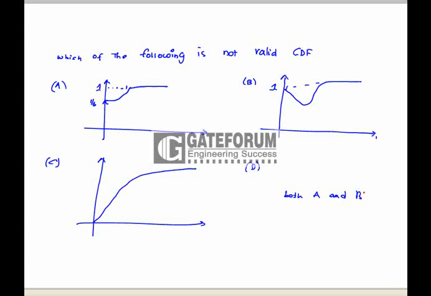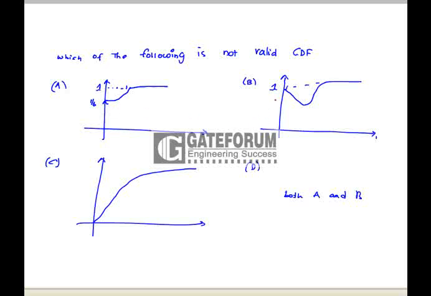Which of the following is not a valid CDF. CDF is nothing but a cumulative distribution function. The probability distribution function is monotonically increasing because it is the probability of events. If we observe this property in the given figures, option A is correct because it is increasing, it's not decreasing anywhere.